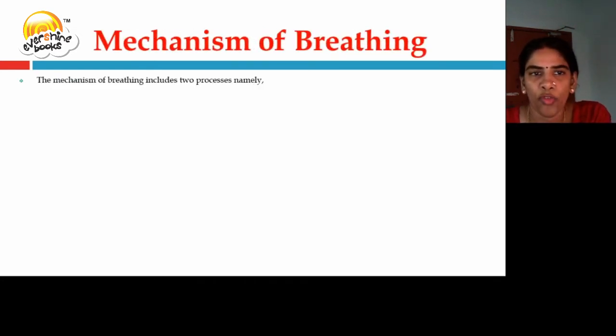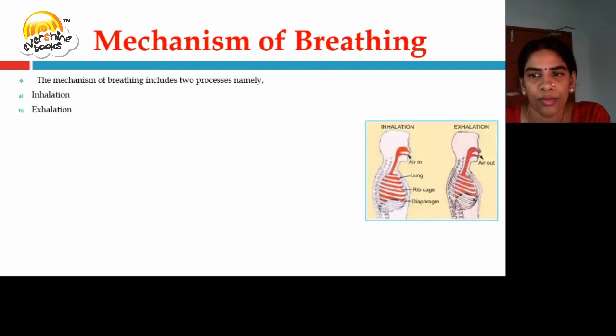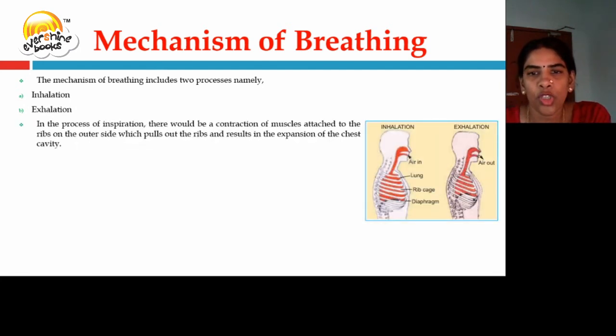The mechanism of breathing includes two processes, namely inhalation and exhalation. In the process of inspiration, that is inhalation, there is a contraction of muscles attached to the ribs on the outer side. It pulls out the ribs and results in the expansion of the chest cavity. When you inhale, you can see the expansion of your chest cavity.